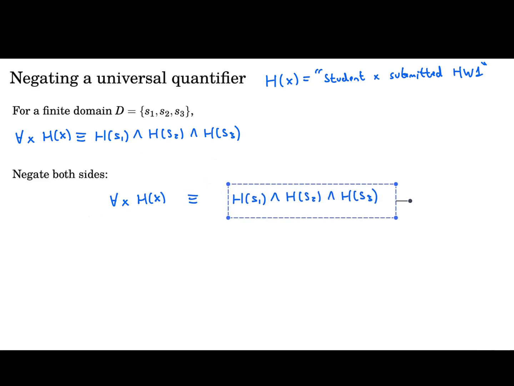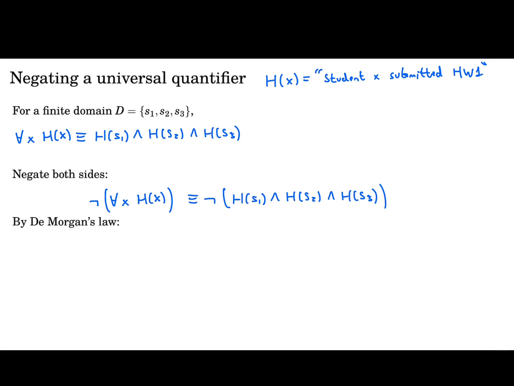So we want to know what is the negation of for every x, h of x, and we know that it's equivalent to this huge AND, so we just negate on both sides. But now we can essentially do De Morgan's law, so we know that the negation distributes, so let's do that.